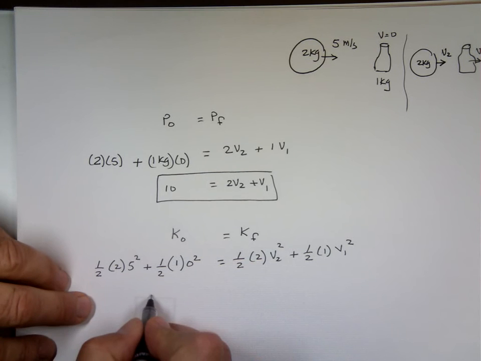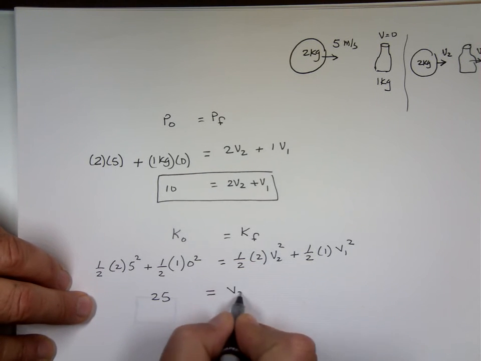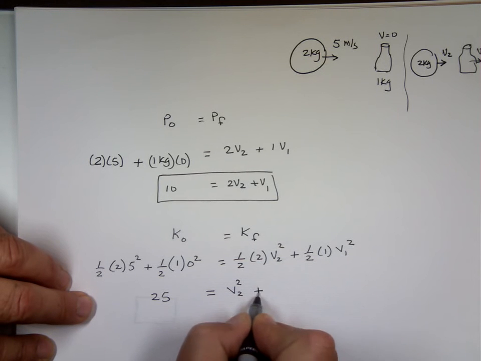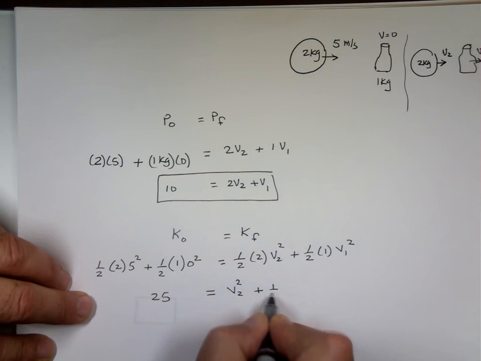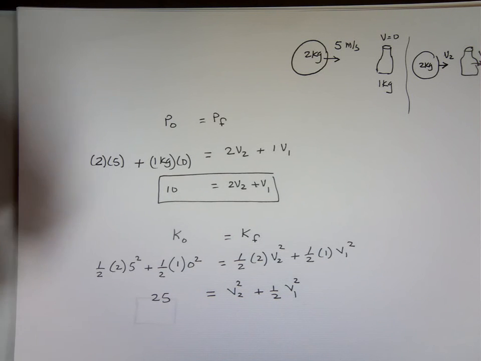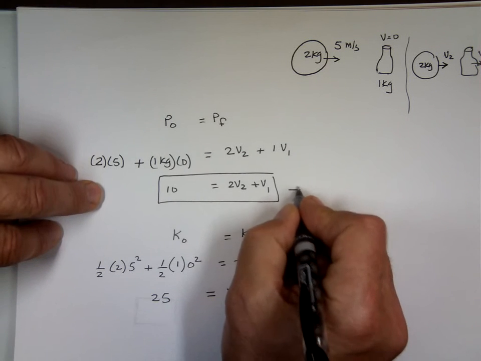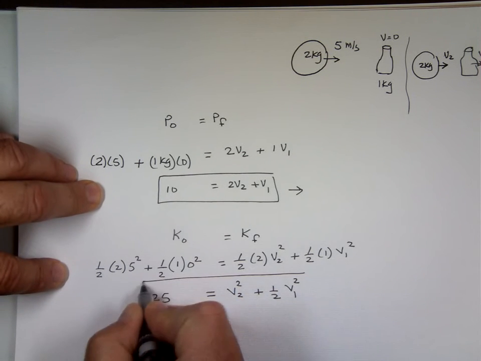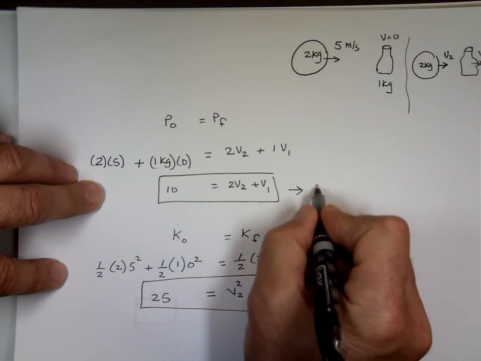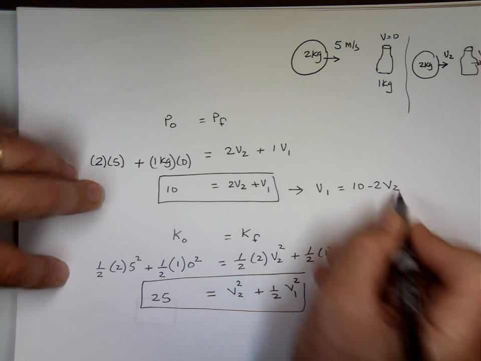So 25 equals V2 squared plus 1/2 V1 squared. This is really not bad if you want to do it with math, because you can look at this, that's your second equation. You can look at the first equation and say, I know V1. V1 is what? 10 minus 2 times V2. And plug it in here.